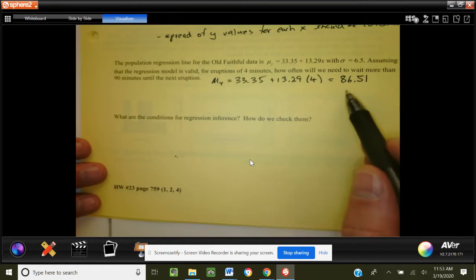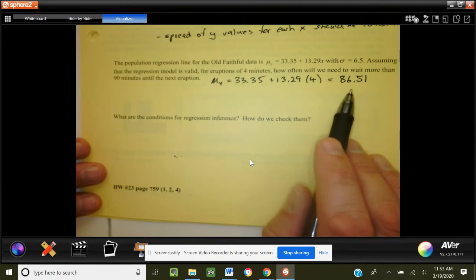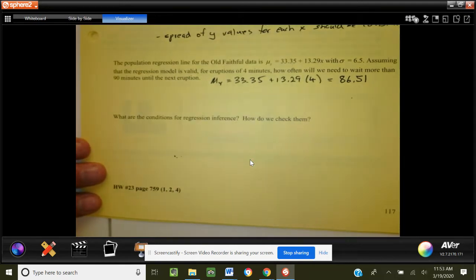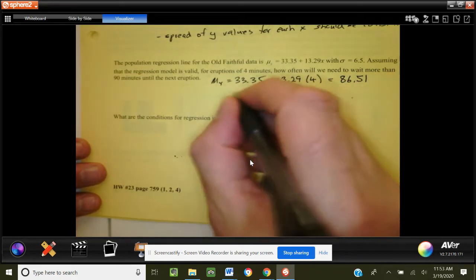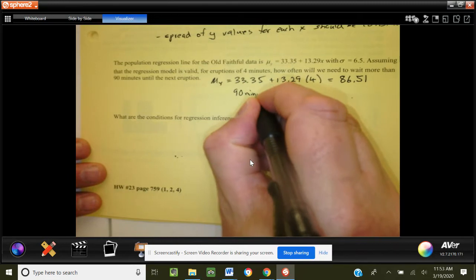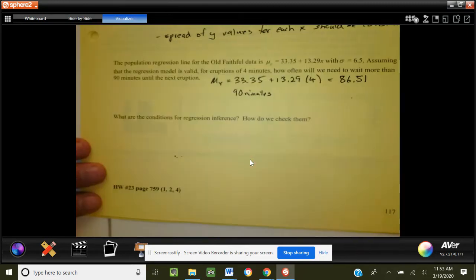Okay. All right. So 86.51. What does that look like as a z-score? Okay. I'm sorry. What does 90 minutes look like as a z-score if the mean of our y values is 86.51? All right. So this is kind of the center of our distribution, right? Okay. So if we convert 90 minutes, okay, so that's the duration they're talking about.